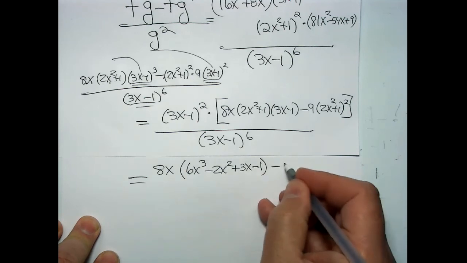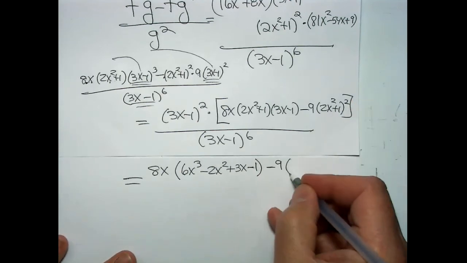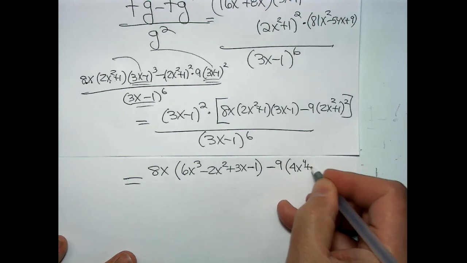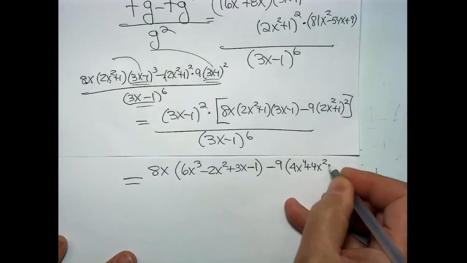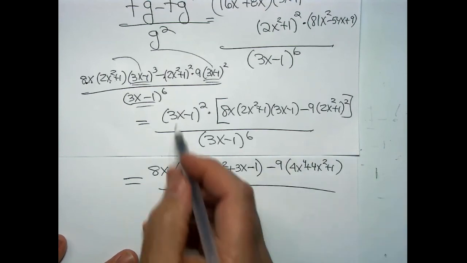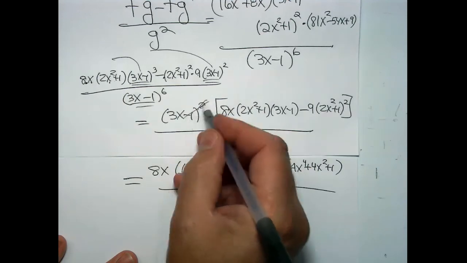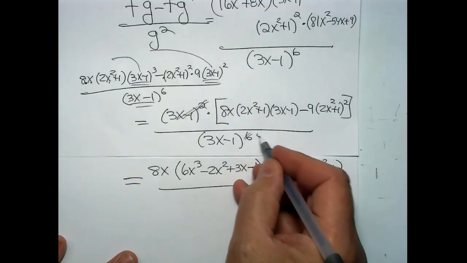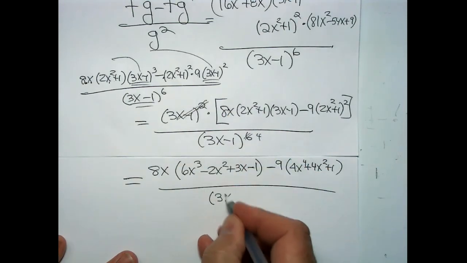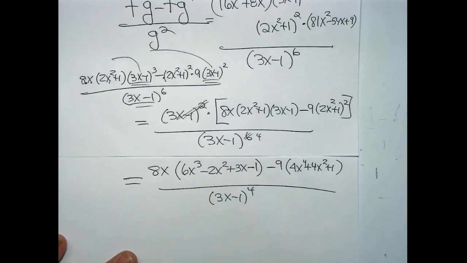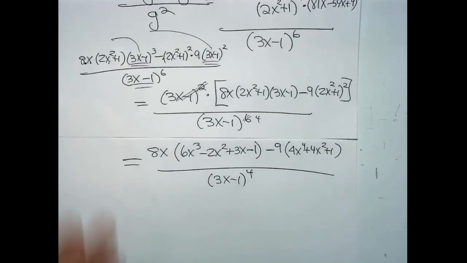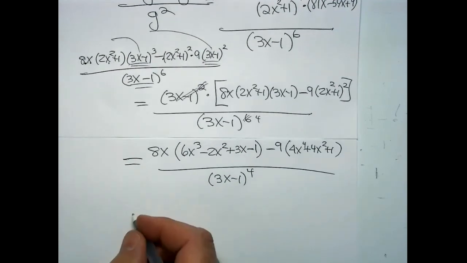And I'm going to get a minus 9, and I got to square that binomial, 4x to the 4th, 4x squared plus 1, and I'll deal with that in a moment. But 2 of these canceled with 2 of these, leaving 4 behind. And you will find that will happen on a quotient rule problem often.